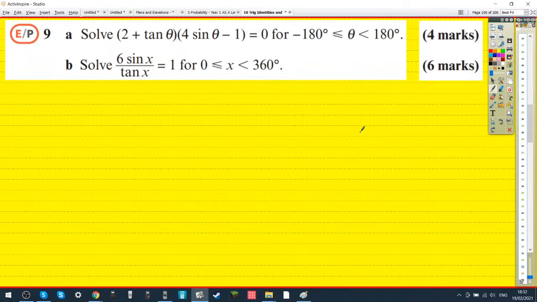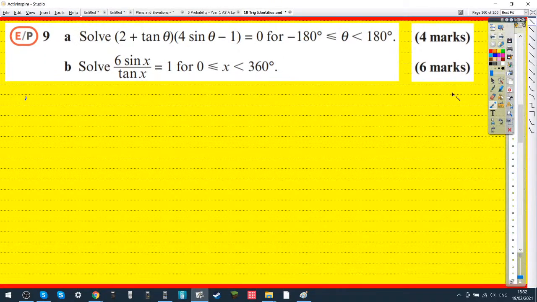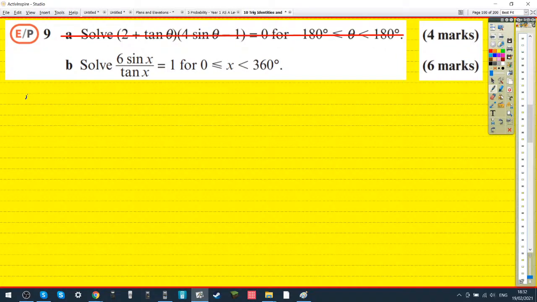Alright, how do we do A? Wait, that's the one we saw earlier, isn't it? How do we do B? Times tan x on both sides? Yep. What do you get?